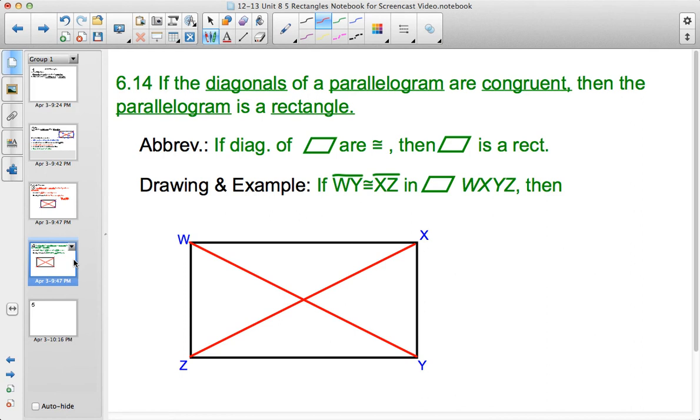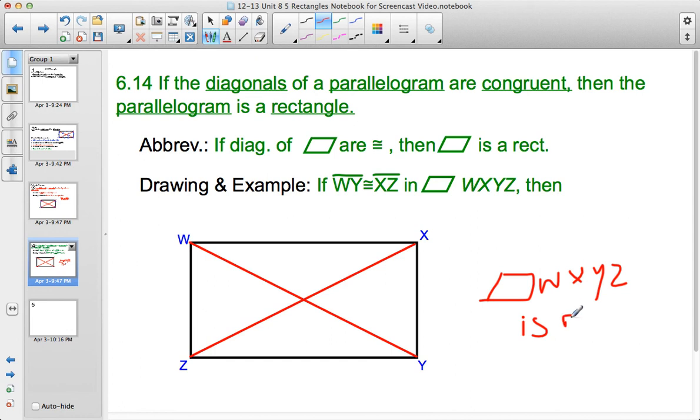So again, in our example here, if WY is congruent to XZ in parallelogram WXYZ, then we can say that parallelogram WXYZ is a rectangle.